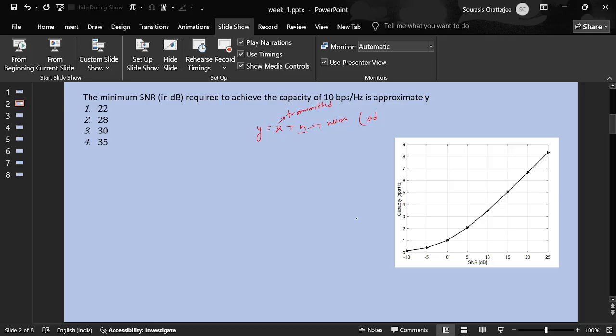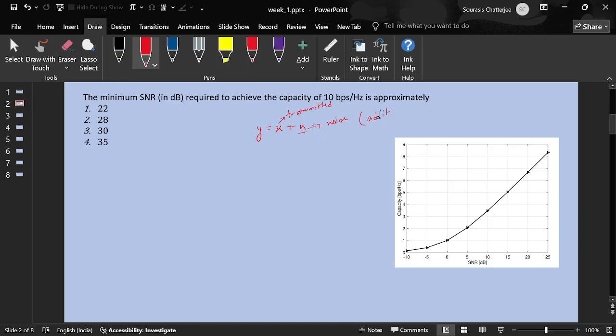What do you mean by capacity? And when I am asking about capacity, I am asking on the basis of this. For example, x is what you are transmitting, and n is noise, which is additive, and Gaussian in nature.